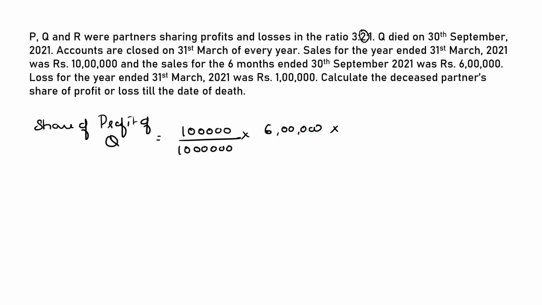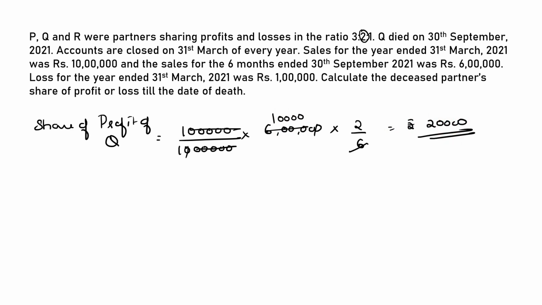To that we multiply the share of the deceased partner Q, which is 2/6. So it comes to rupees 20,000.